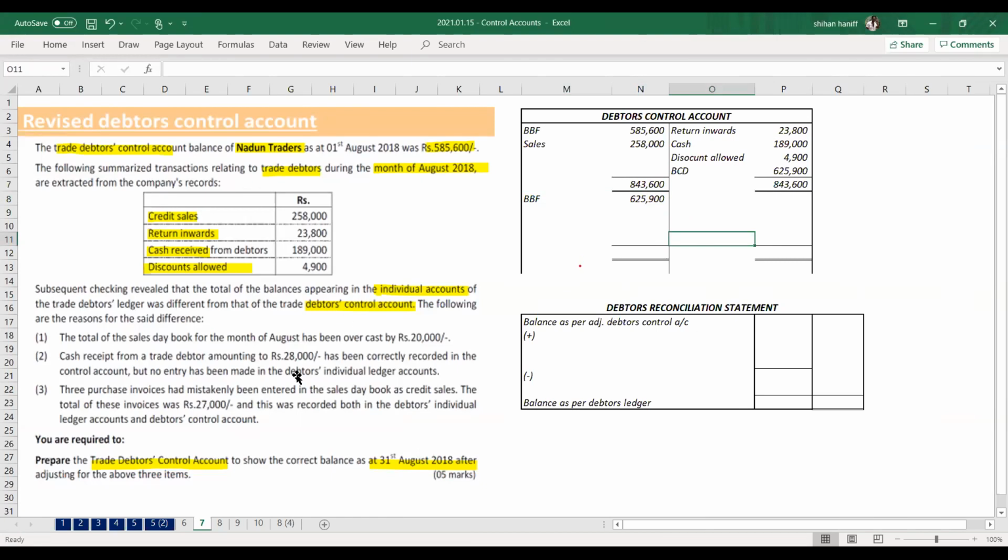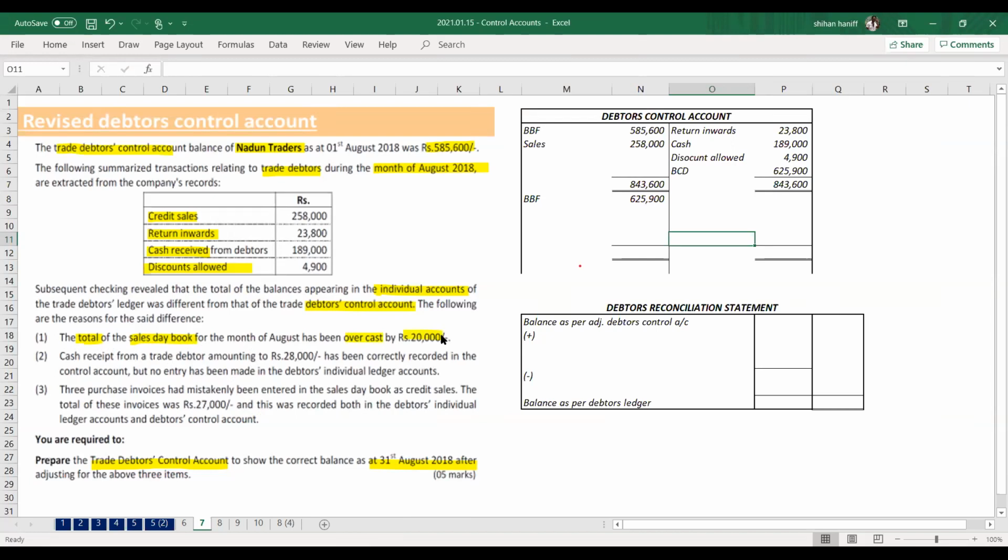Then let's do the error corrections. Number one, the total of the sales table. The total of the sales table will affect the control account.